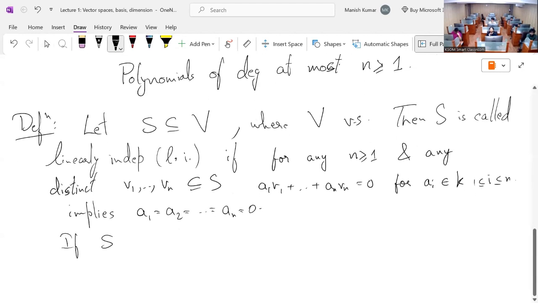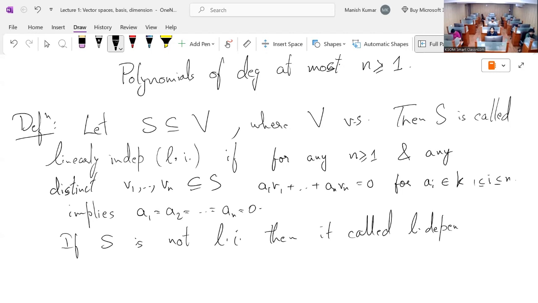If not linearly independent, then it is called linearly dependent. So linear independence is more important. That's why we define linear independence.